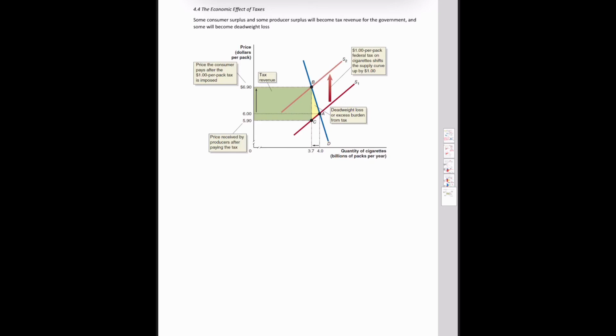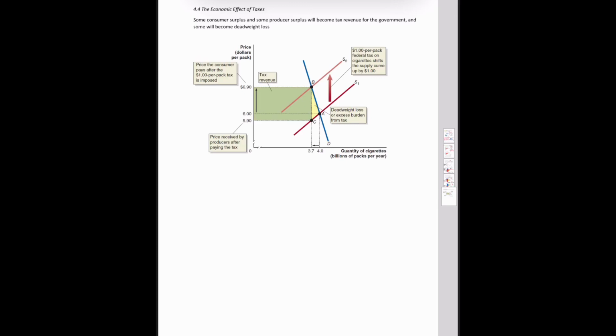So we have a new equilibrium point at B. Quantity is going to fall to 3.7 billion. Tax increase causes the price paid by consumers to increase. Producers receive a part of that increase, but after paying the tax, they're only left with $5.90.